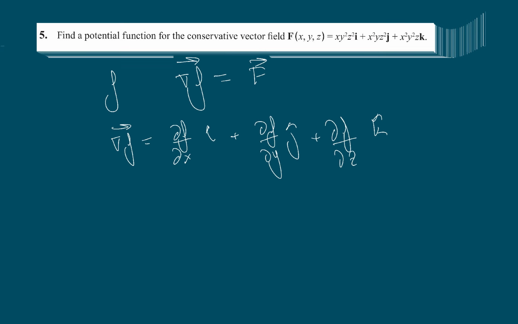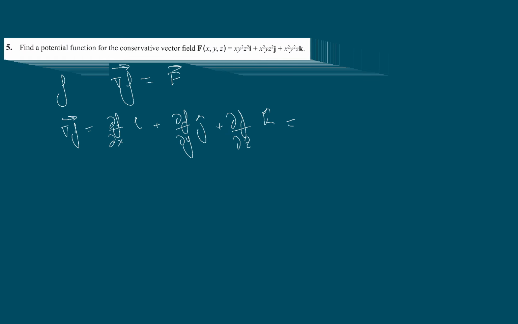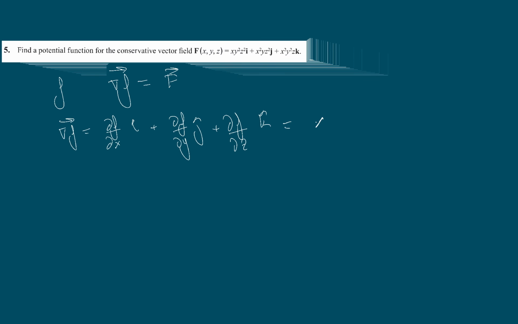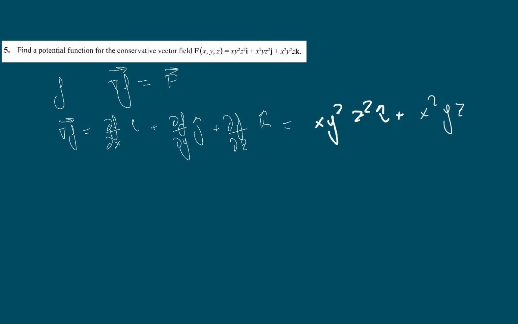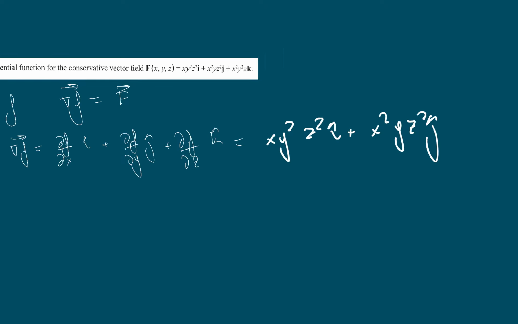And I want this to be the vector field: x y squared z squared i, plus x squared y z squared j, plus x squared y squared z k.